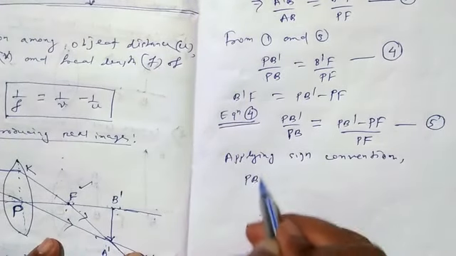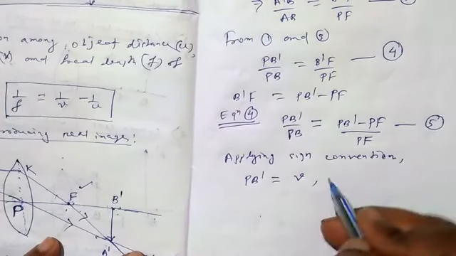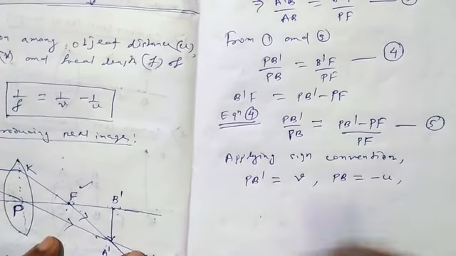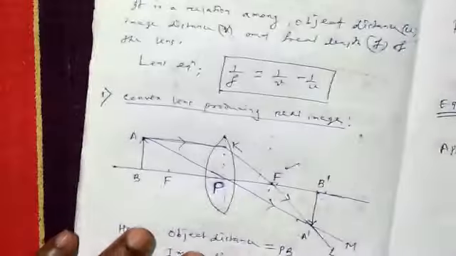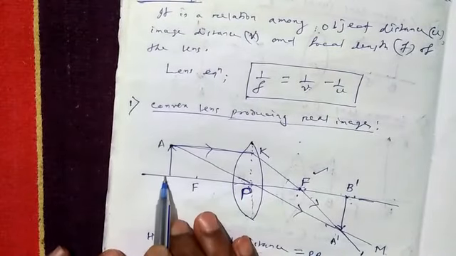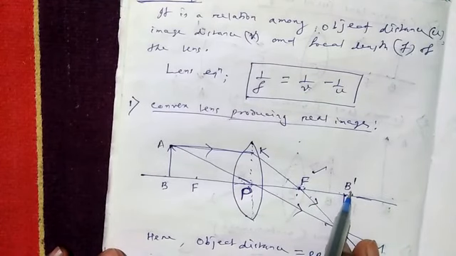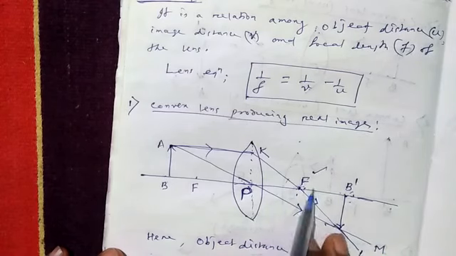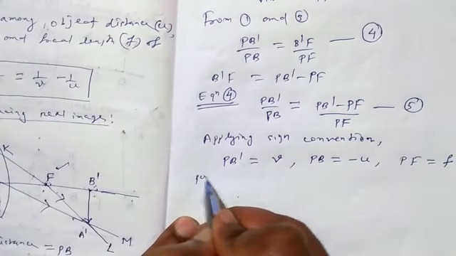PB dash is equal to image distance, this is v, positive. PB is object distance, negative, minus u. And PF is focal length, small f.